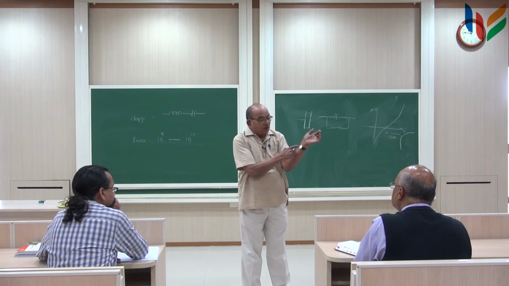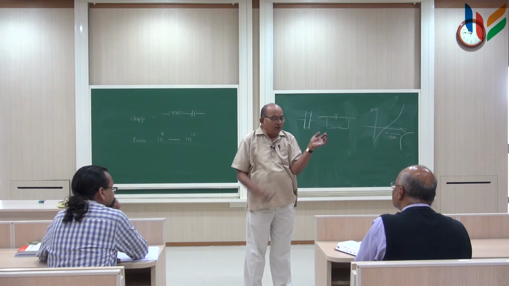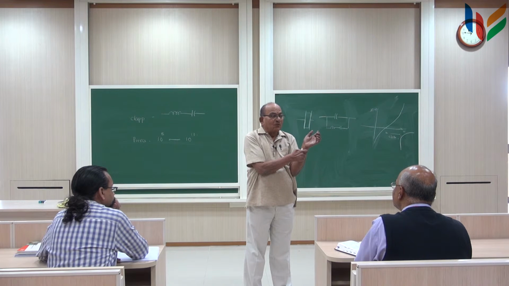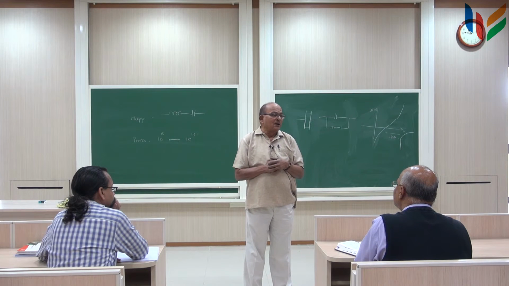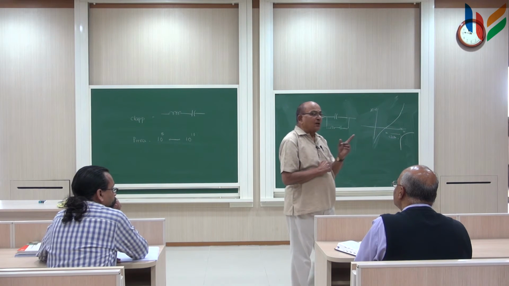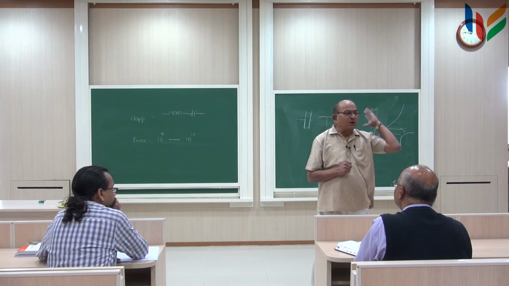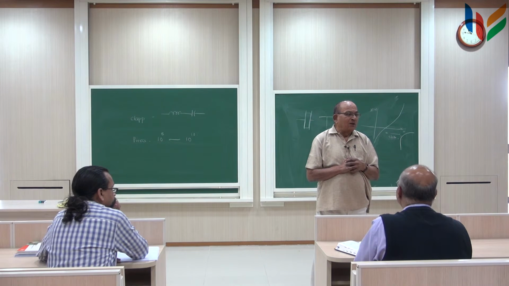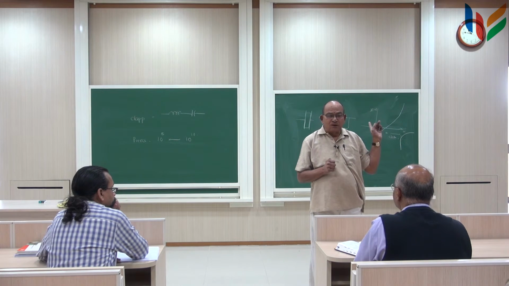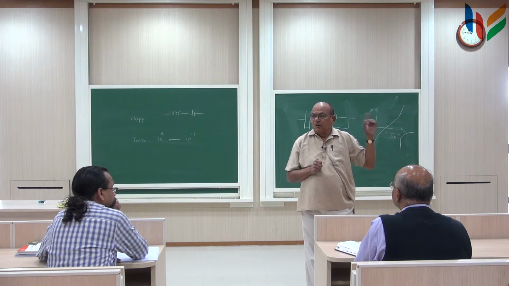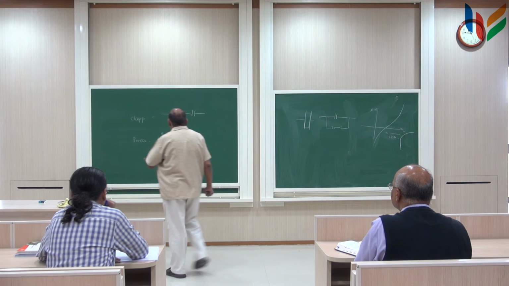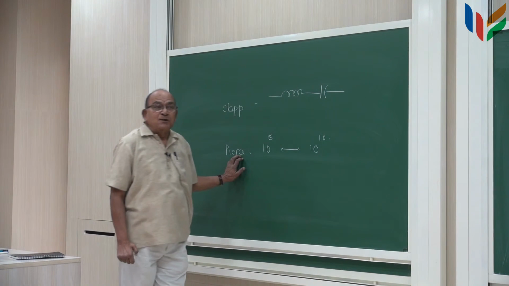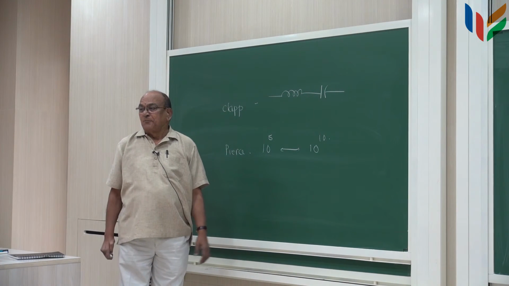And in this watch there is a crystal oscillator which will give the stability which is required. People sell you clocks by saying it does not lose more than 1 second over a period of 10 years or 20 years and so on, which amounts to a number like 1 in 10 to the power of 8 or 1 in 10 to the power of 10. So, that is the terrific advantage of the Pierce oscillator.